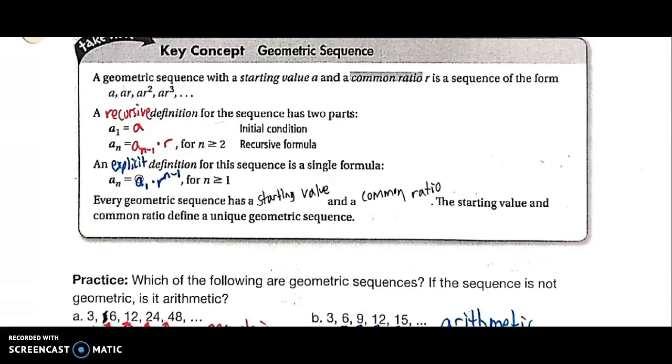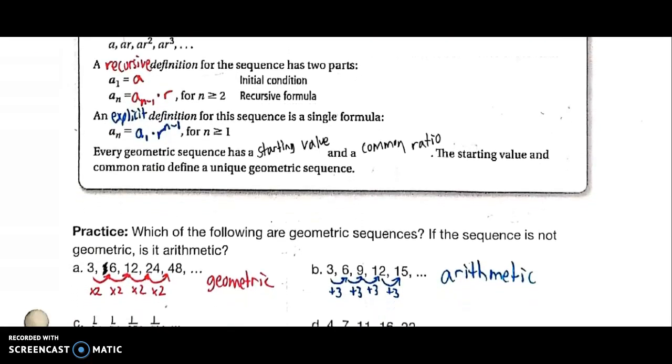In an explicit formula, we just put them both into the same equation. And it looks a lot like an exponential function too, kind of like our a times b to the x that we used last time. So every geometric sequence is going to have two pieces, a starting value and a common ratio. The starting value and the common ratio define a unique geometric sequence. So it does tell you what your sequence is going to be as an equation.